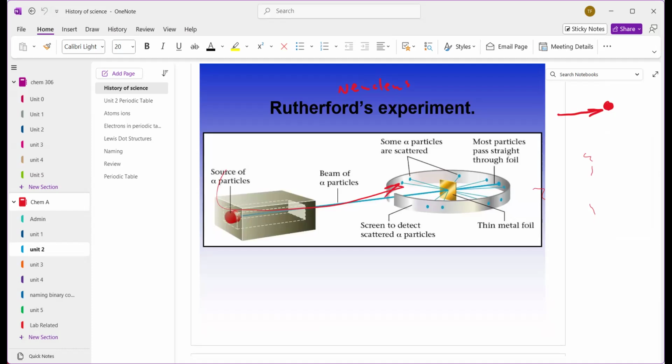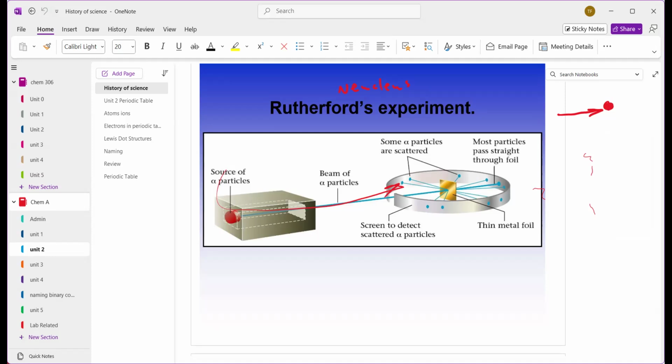So his idea was that there's mass there because occasionally, like 1% of the time, one would bounce off. Very small number, probably even less than 1%. So he came up with the idea of the nucleus.